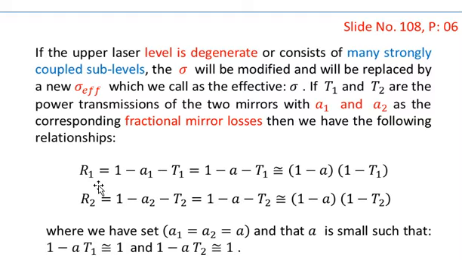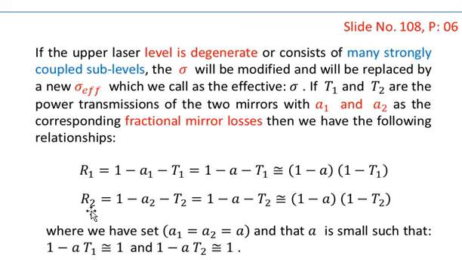That is, capital R1 can be written as 1 minus A1 minus T1, which is equal to 1 minus A, because we have dropped the subscript with A. So 1 minus A minus T1 can be approximately written as the product of two parentheses: one contains 1 minus A, the other contains 1 minus T1.